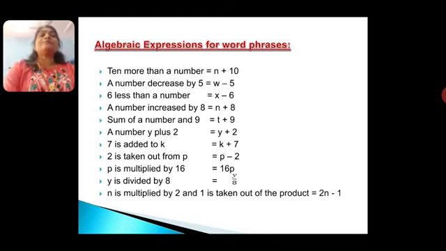That means 16p. y is divided by 8 gives y by 8 as our algebraic expression. Now next example, n is multiplied by 2 and 1 is taken out from the product. n is multiplied by 2, that means 2n, and 1 is taken out means subtract 1. So our algebraic expression is 2n minus 1.